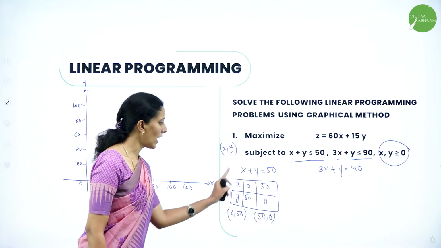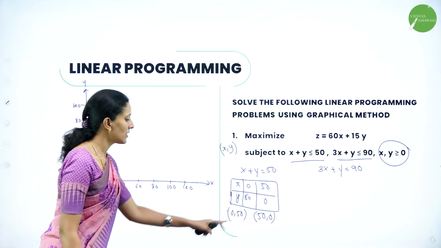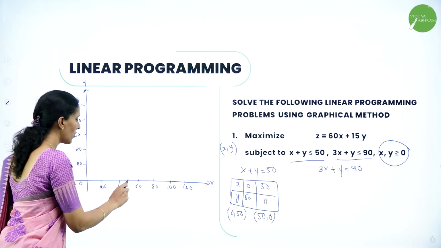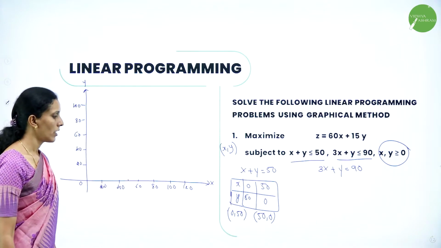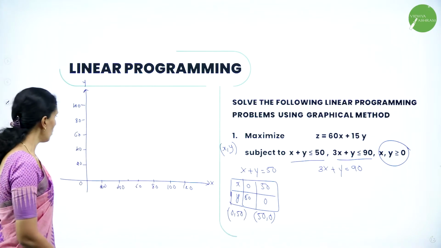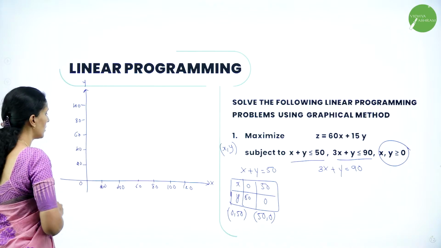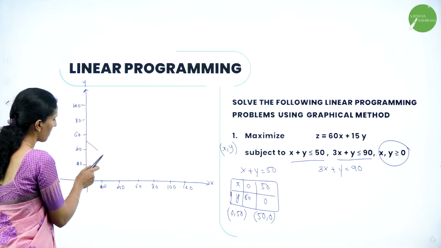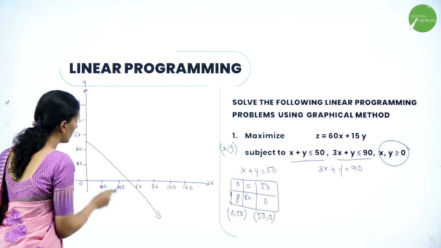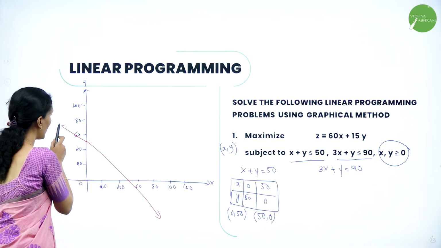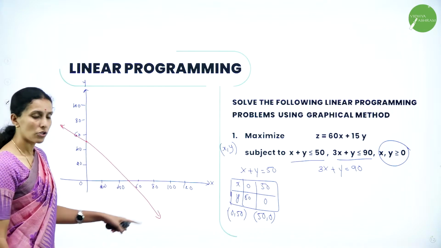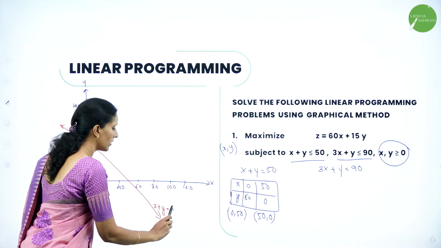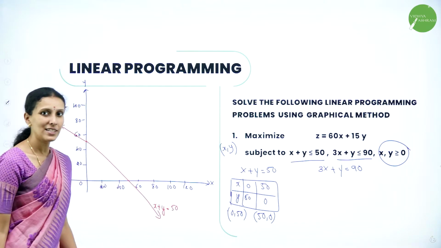First, let me draw a line for this equation. My first point is 0, 50, which is this point. The next point is 50, 0, somewhere here. I'll draw a line to join those 2 points. Extend the line, drawing a straight line using the scale. What is the equation of this line? x plus y is equal to 50. So this is the equation of the first constraint.